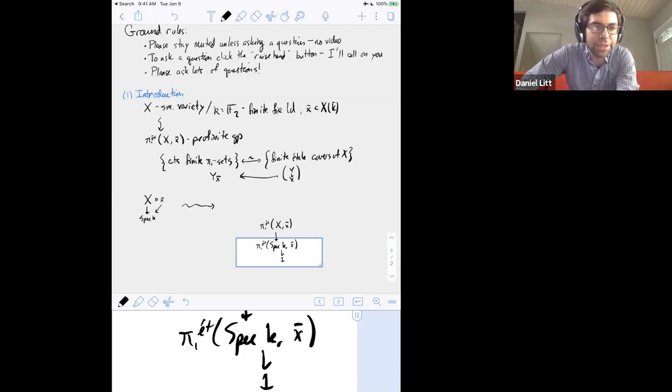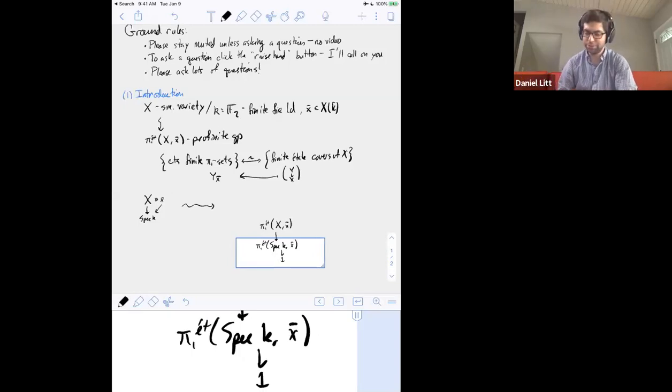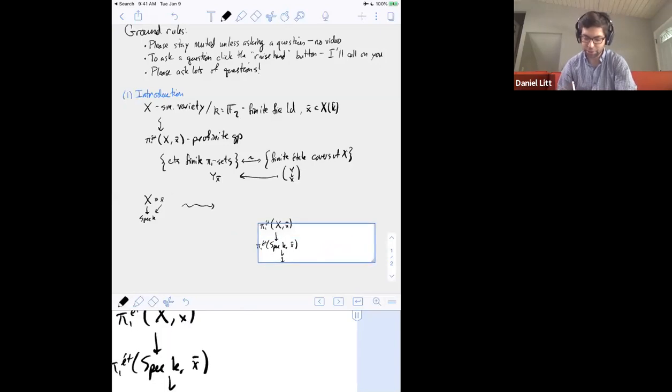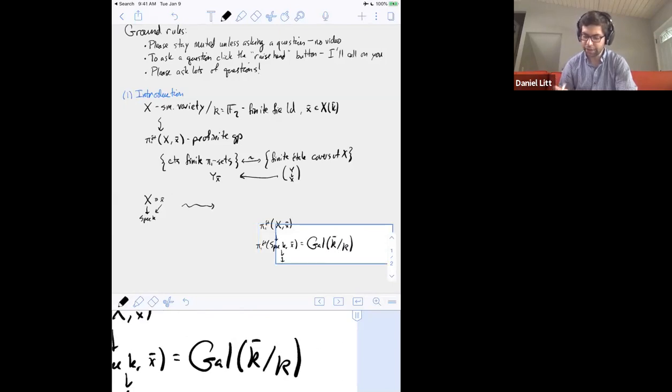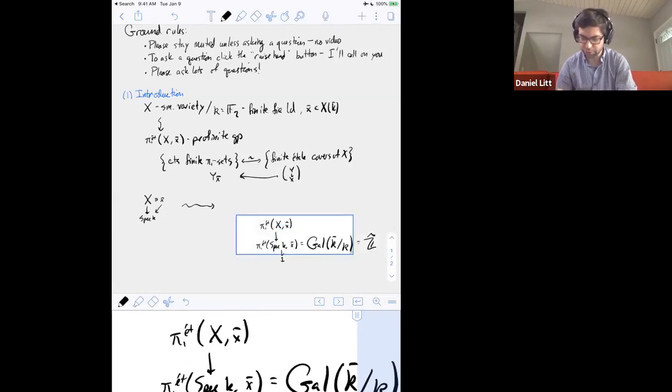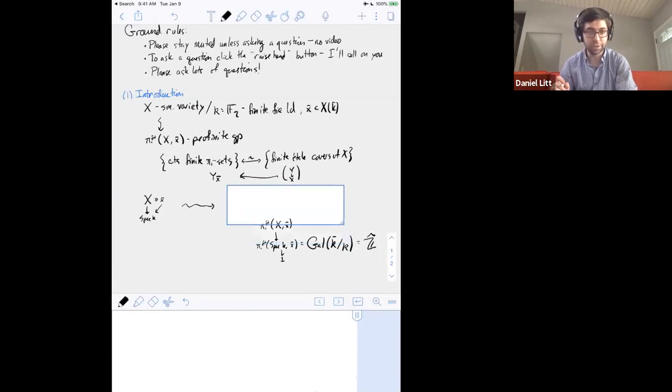Yeah, so Amelia writes automorphism group which leaves the base field fixed. So that's great. So the automorphism group of what? Well, it's the absolute Galois group of K bar over K. Okay, in this case, we're over a finite field. So what's the Galois group of a finite field? It's Z hat, the profinite completion of Z. Okay, so we understand this quotient group very well because we're over a finite field.